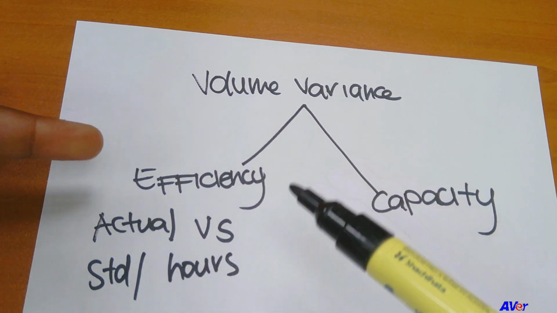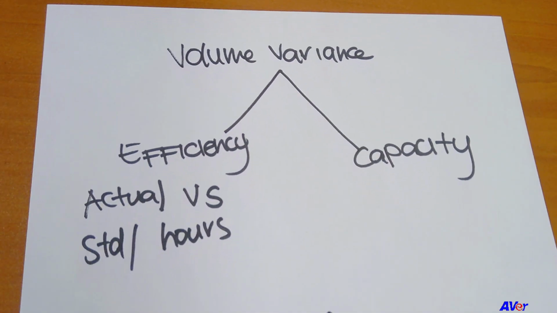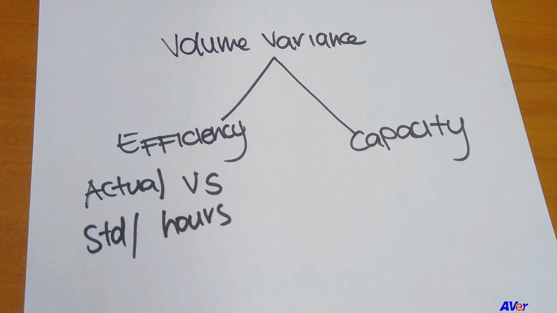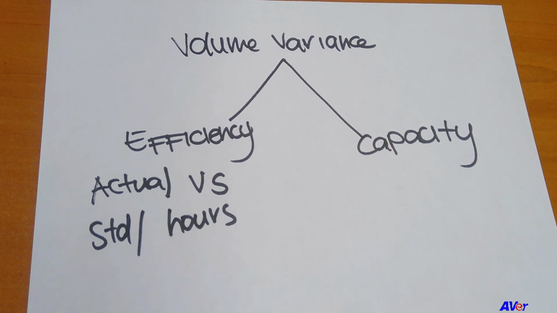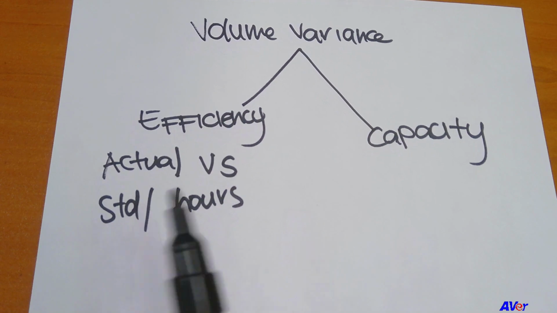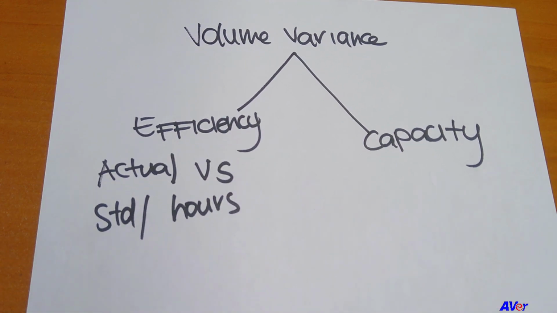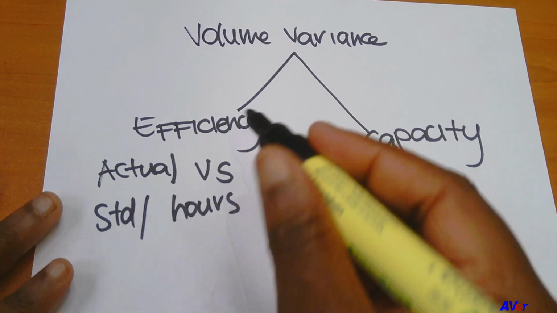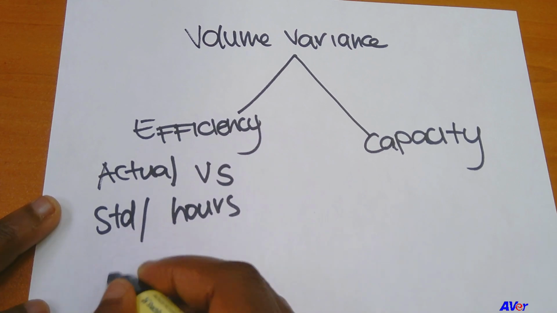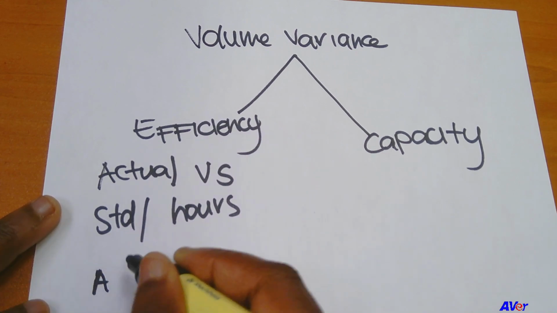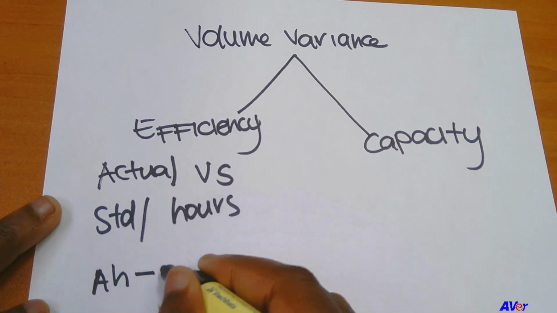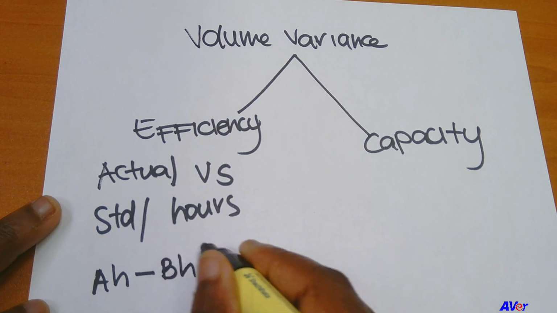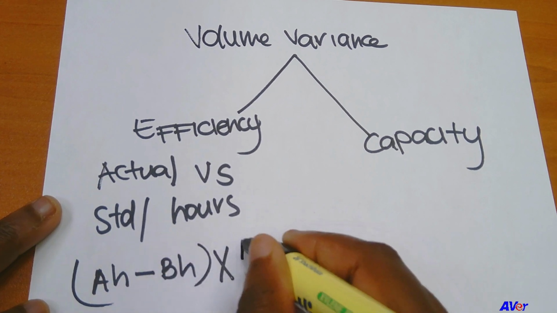So if I'm doing efficiency, just like we do efficiency in labor, it is the difference between how many hours you spend in production versus the amount of hours you are supposed to spend in production for the unit that you produced. Now, remember, when we do fixed costs, we do an allocation rate. So once you've established that I'm going to take my actual hours, subtract my budgeted hours, I need to multiply by the allocation rate.